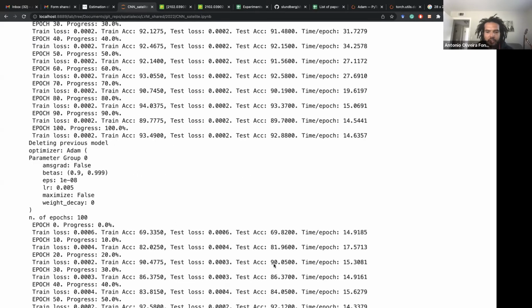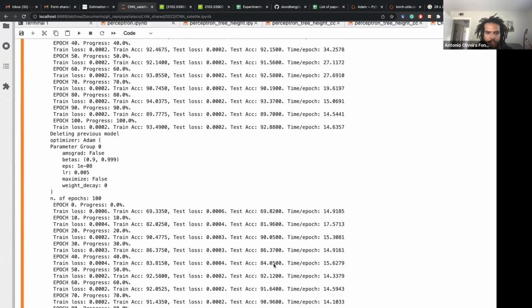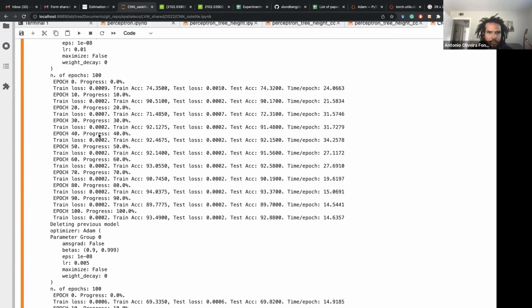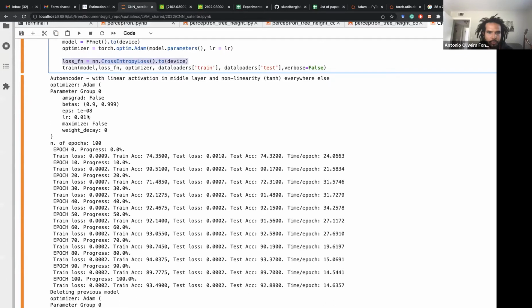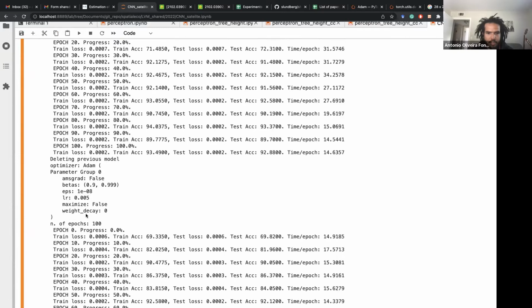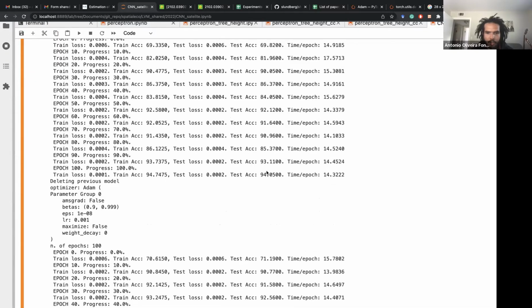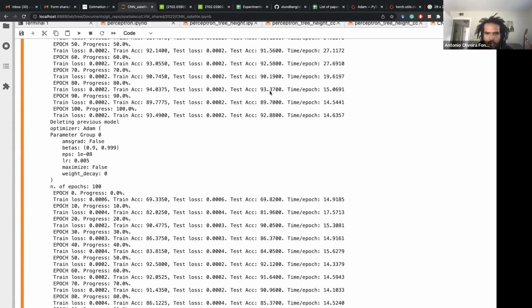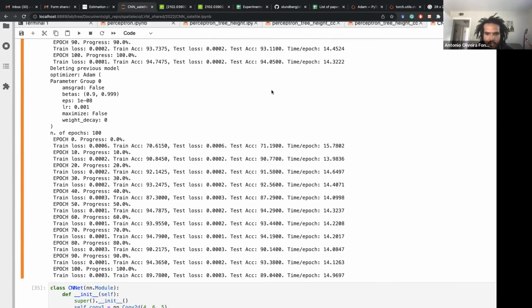Okay, then you can see how it performs for other configurations. For example, here I was using a learning rate of 0.01. Here I decreased to 0.005, right? So I got 94.05. This one, the best one, was 93.37, decreasing even further, 94.29, right?